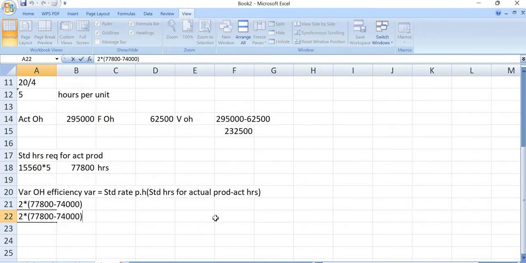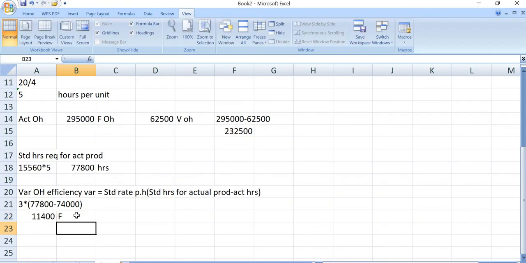So I will be getting, sorry, 11,400 favorable.